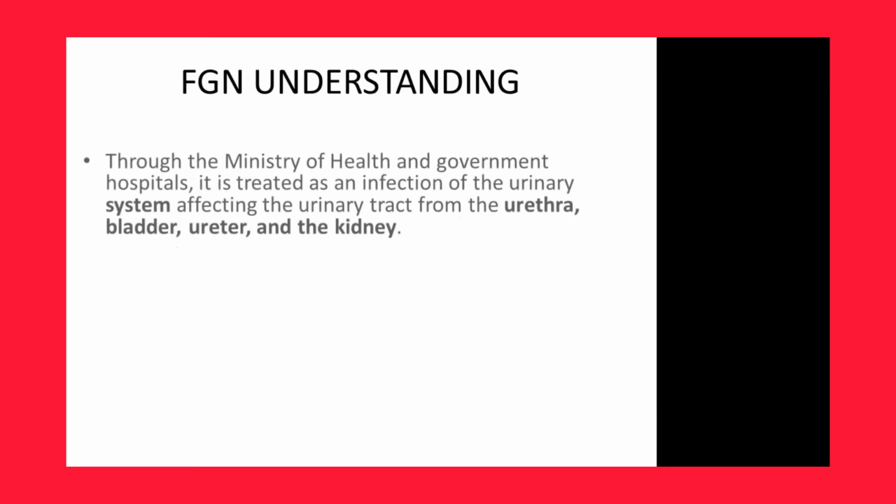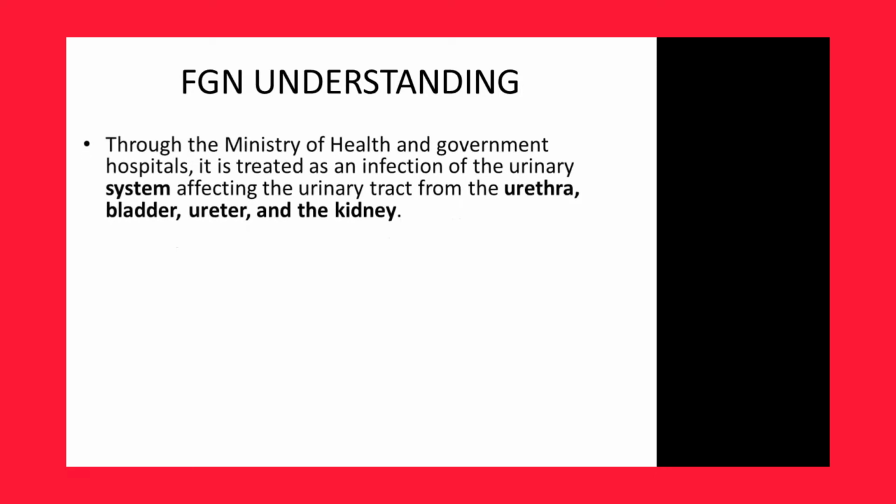The federal government really presents it so well, in a very organized way. We have the three health institutions: the primary, secondary and tertiary health institutions. At the tertiary level, you find the nephrology department. You have standard laboratories that will perform all these various tests to treat urinary tract infection very effectively.